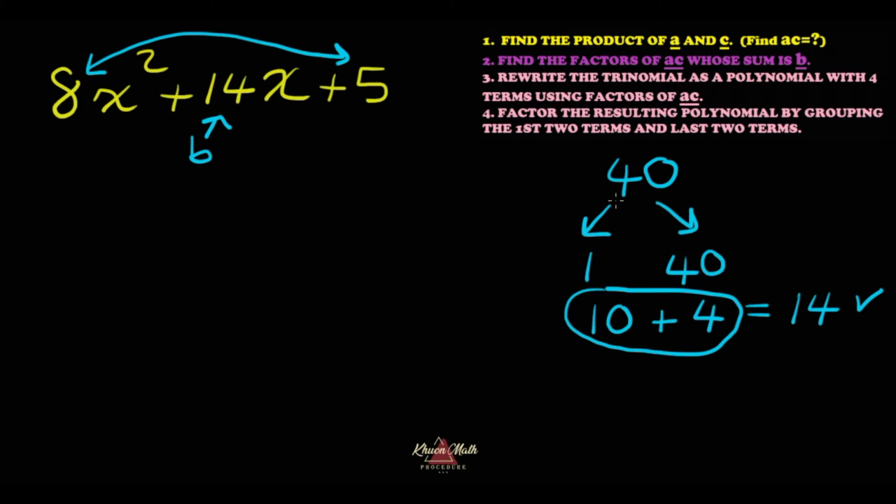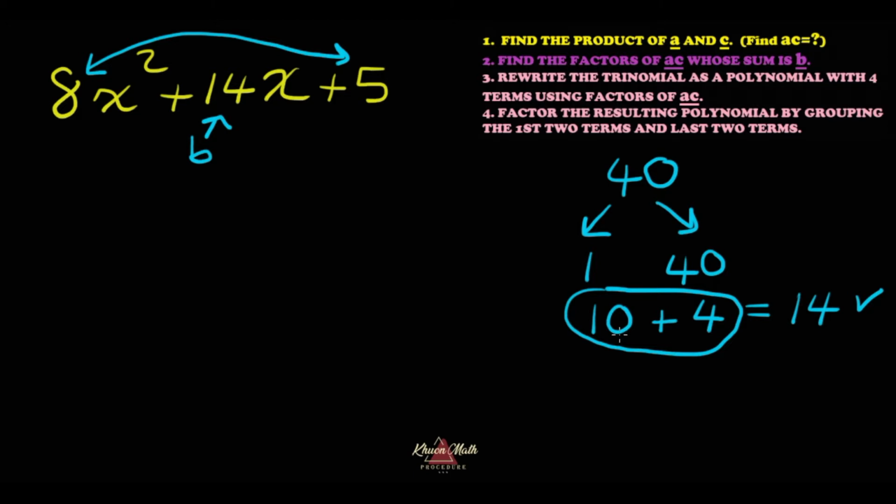Step 3 is to rewrite the trinomial as a polynomial with 4 terms using factors of AC. Okay, so what we're going to do here is go from 3 terms to 4 terms by taking out the 14x and replacing it with 10x and 4x.